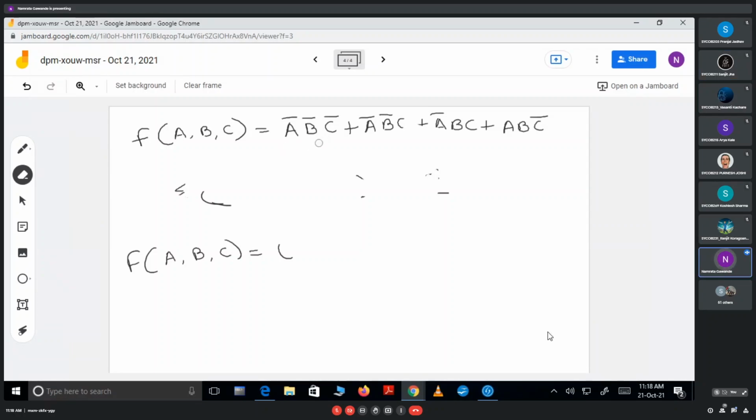Why is it, see, simply you can write bar means 0. So this is 0, 0, 0, right?